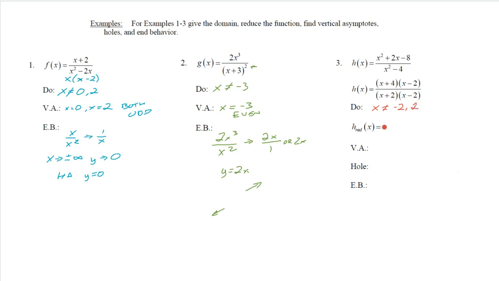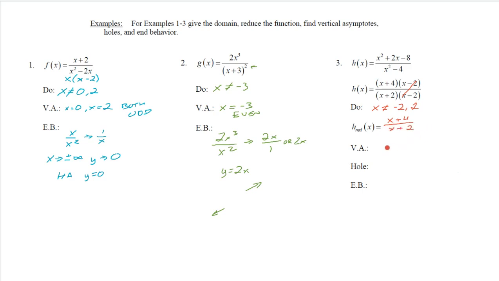We're going to go ahead and reduce this. That's what this h red of x is. We do that by clearing the factors out between them. Now, x minus 2 is in the numerator and denominator, which means we have a reduced function of x plus 4 over x plus 2.